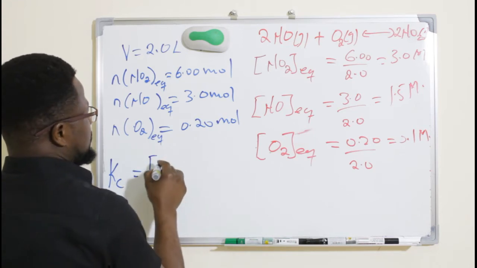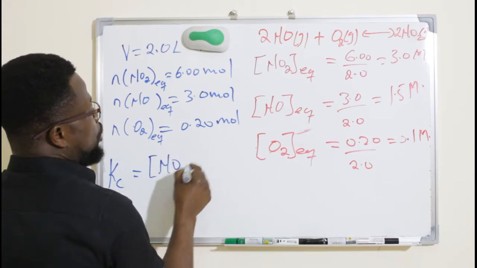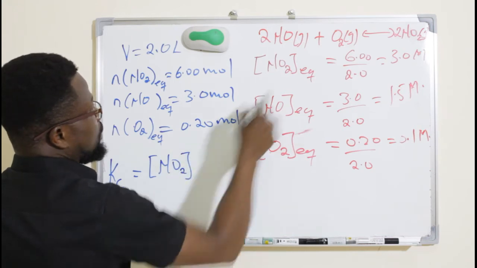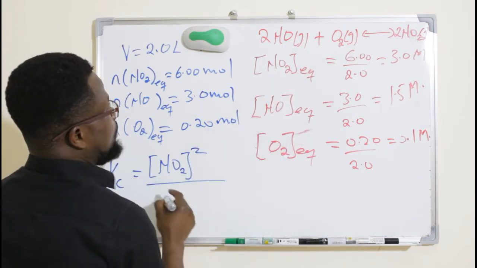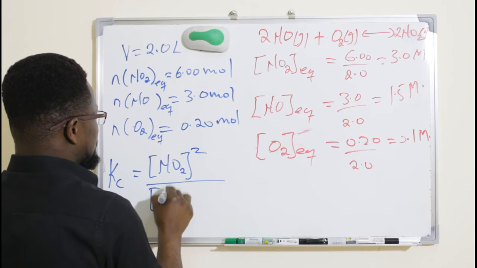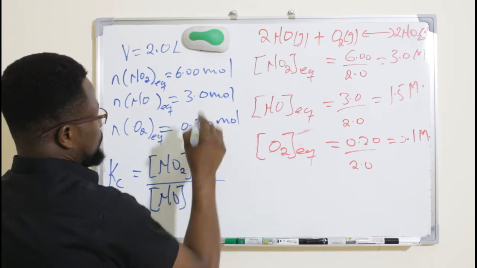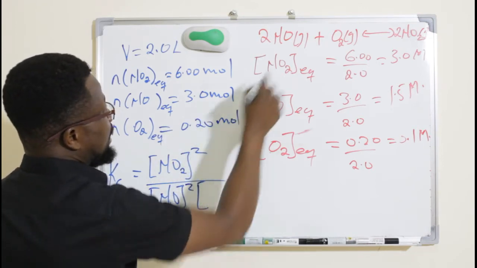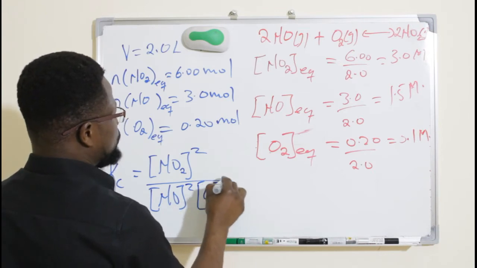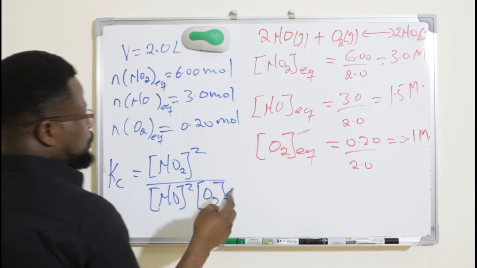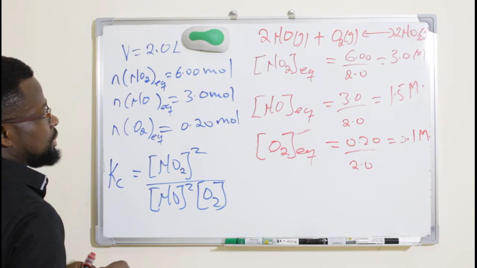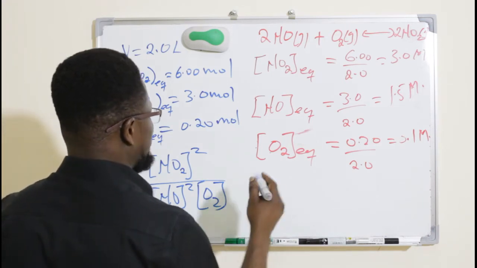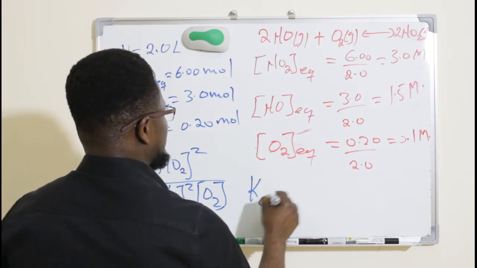So it's going to be the concentration of NO2 squared divided by the concentration of NO squared multiplied by the concentration of the O2. And once we have this, we can then do the substitution and see what we're going to have. So let's do it here.